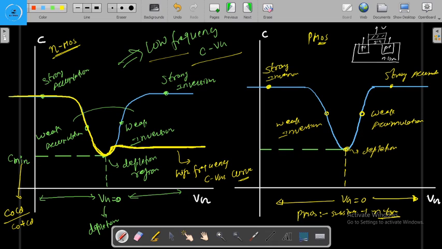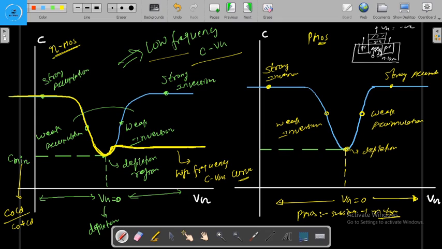So when we apply Vg equal to negative, the negative charge will be present here, and hence a large number of holes will come here. Since this is the N-type substrate and holes are accumulating in between the source and drain, we can say this is the inversion.